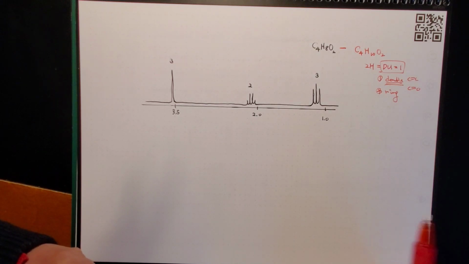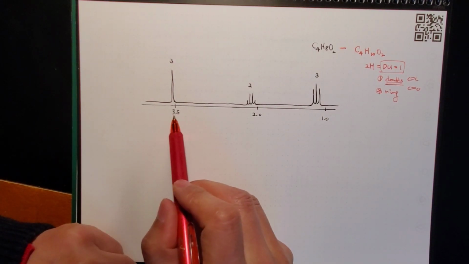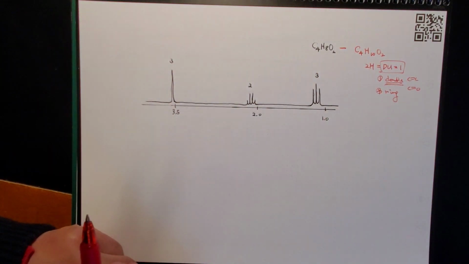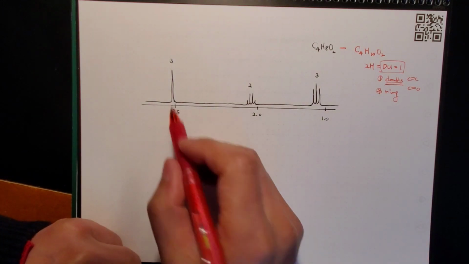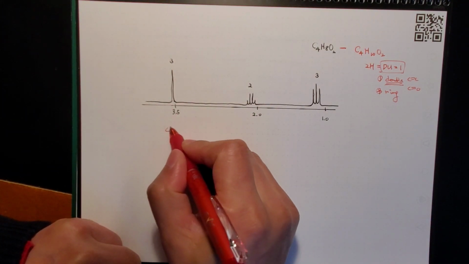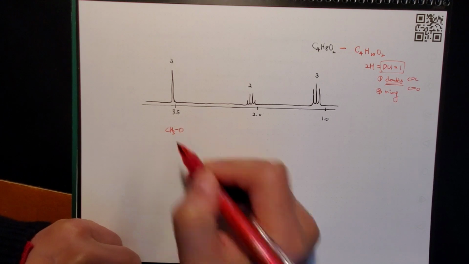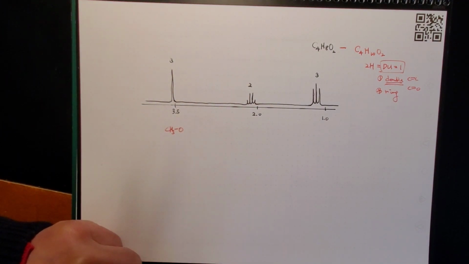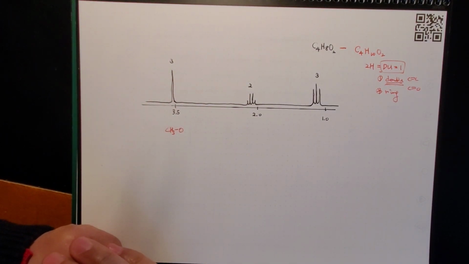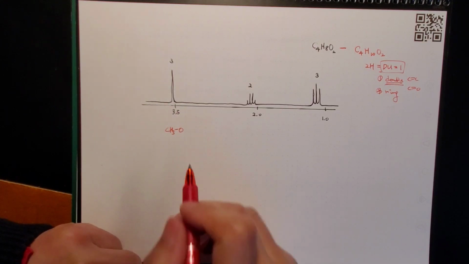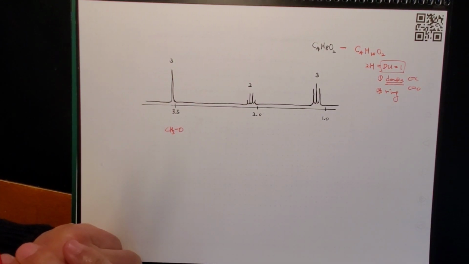All right, so 3.5, and you see the oxygen. So this CH3 is already next to the oxygen. You can find that fragmentation already, as if you are doing mass spec. You got the jigsaw puzzle piece right there.